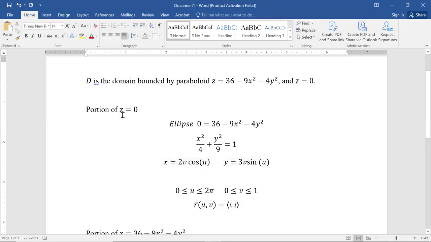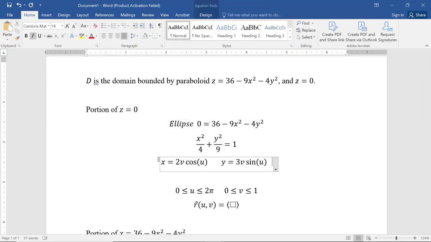Now, what's z in this case? Well, z is equal to 0. And so we're good to go there.